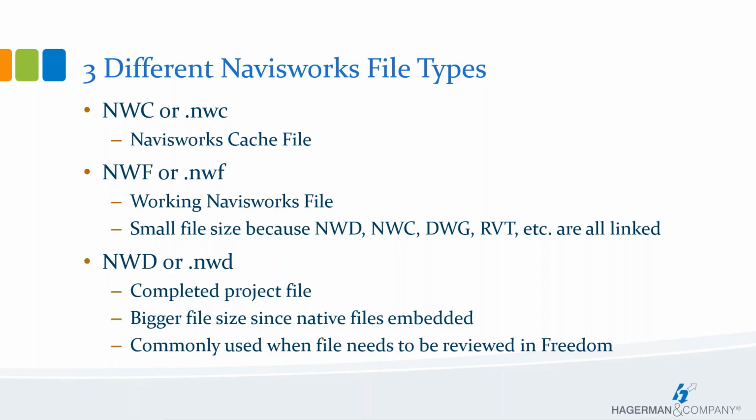Even if you open the file natively, so even if you open the Revit or AutoCAD file natively within Navis, the software converts it to an NWC, and that is what the software is actually reading.